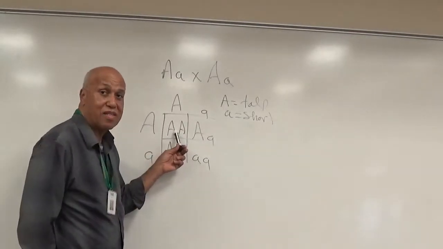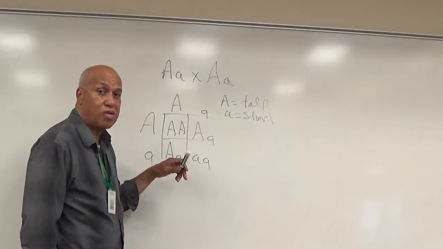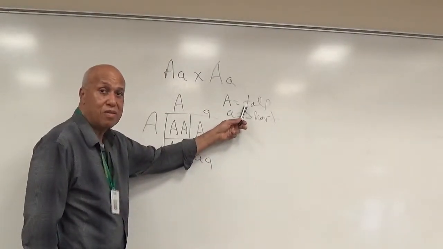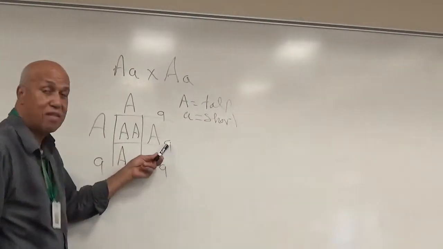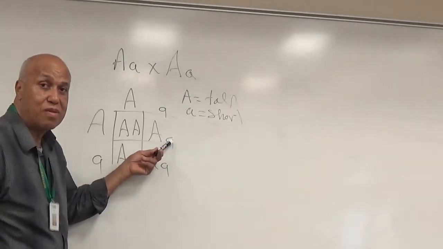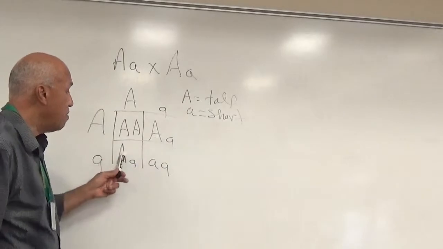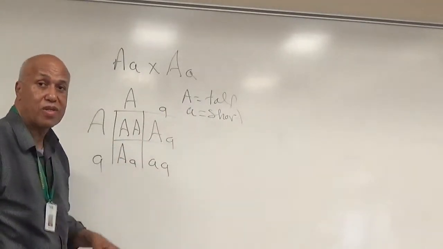So will this organism show a phenotype, what it looks like, short or tall? We look at our key. It's going to be tall. This one has a big A and a little a. What is it going to be phenotypically, short or tall? Tall. Because this one is the same, and this one has two little a's. It doesn't have a tall gene, so it's going to be short.